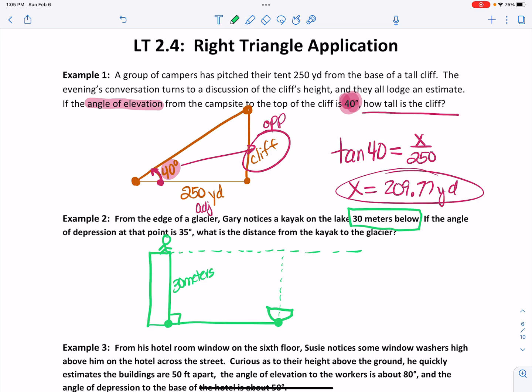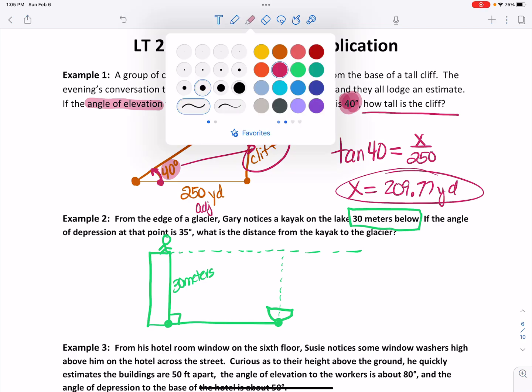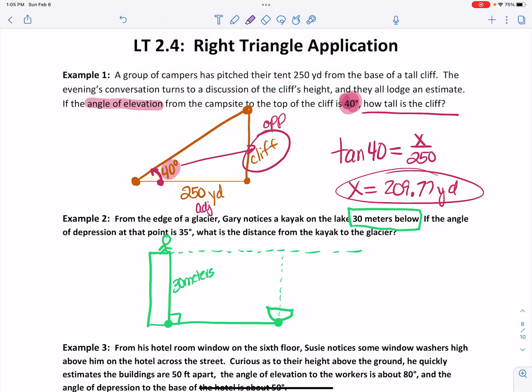If the angle of depression at that point, so angle of depression, I'm going to use a different color here, the angle of depression is the one going down, is 35 degrees. My angle of depression starts at the initial and it goes down. That's 35 degrees. If you look, that 35 degrees is not inside this triangle.